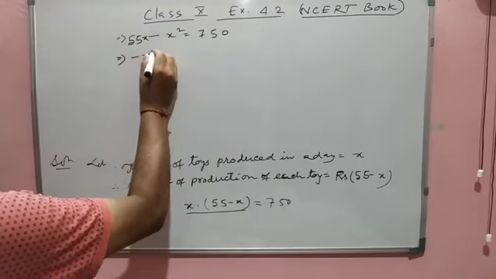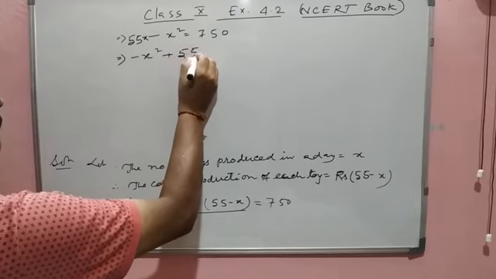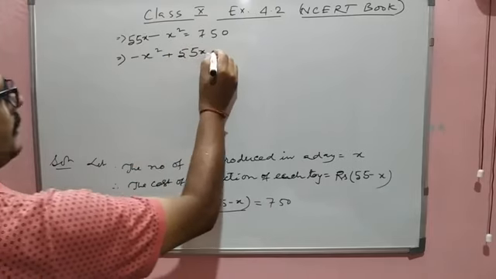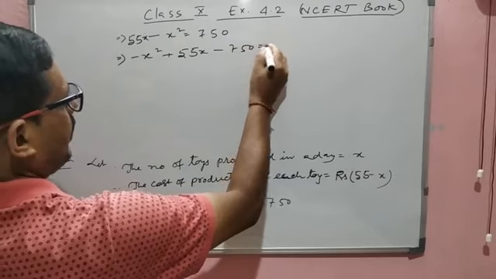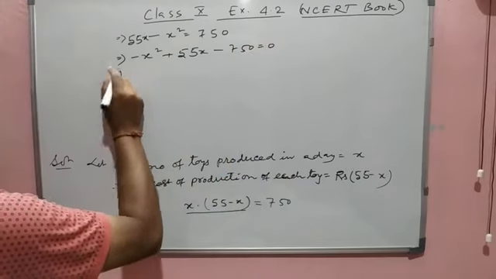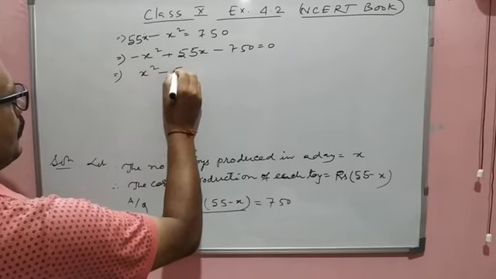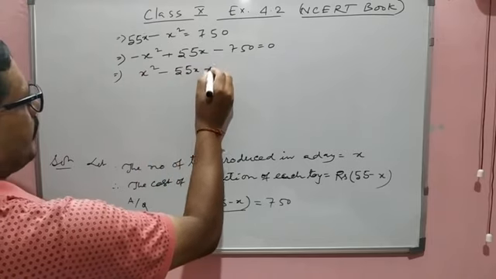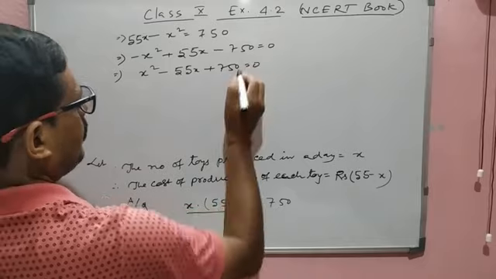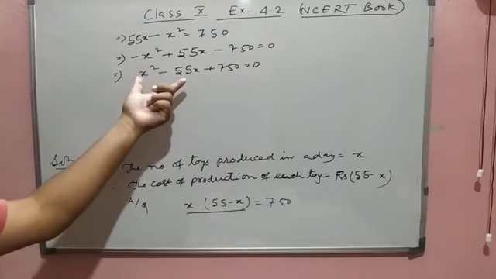So it will be x square minus 55x plus 750 equal to 0 after transferring and multiplying by minus 1. So this is the equation now.